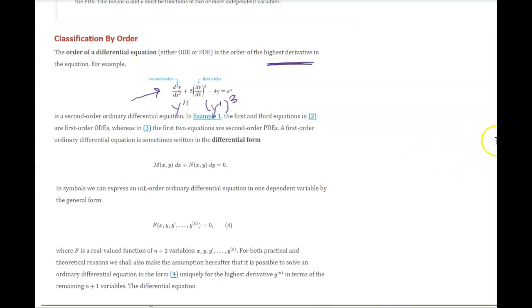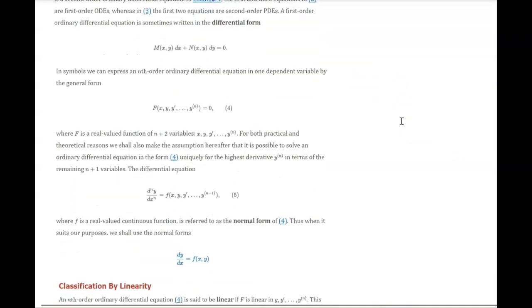There are then a couple forms that you will want to know when it comes to writing out differential equations. The first is differential form. One thing I want to make sure that you note here is if you have a function of x and y, you learn in Cal 3 that you can take the derivative with just respect to x and the derivative with just respect to y.